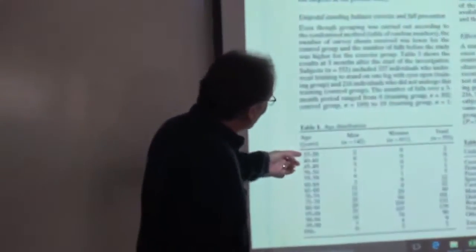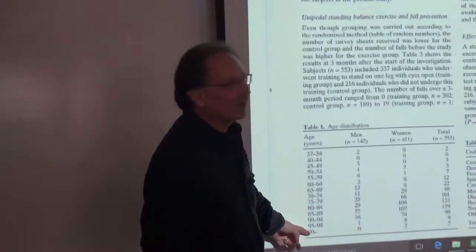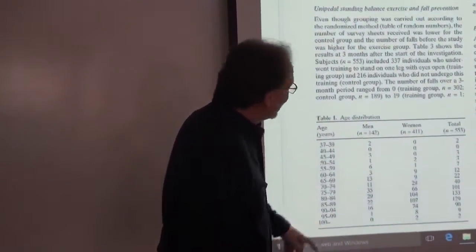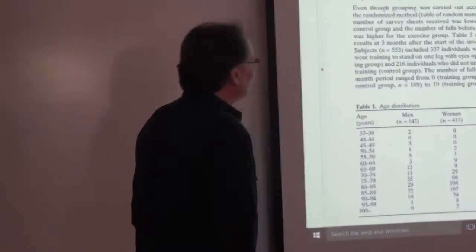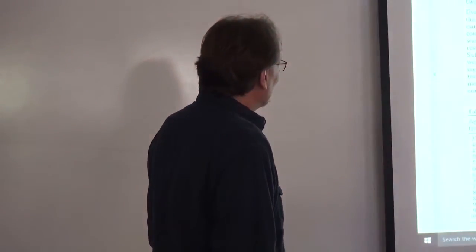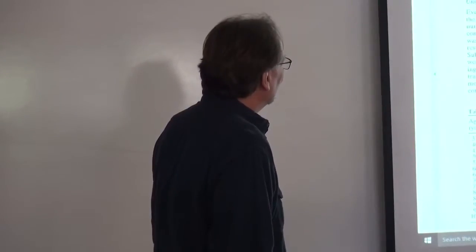It ranged from 37 to in excess of 100. That's a pretty good age range. And their distribution was substantially more women. Women usually outlive men, so there's substantially more women in the groups.